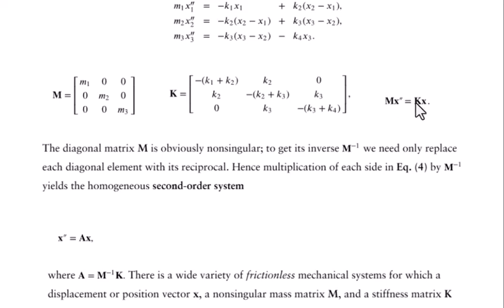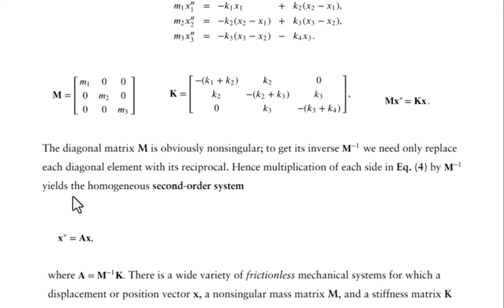I'd like to solve this. Now, M, this diagonal matrix, is non-singular, and so we can find its inverse. And in this case, because they only have diagonal elements, getting the inverse is easy. All I have to do is replace each of the diagonal elements with its reciprocal.